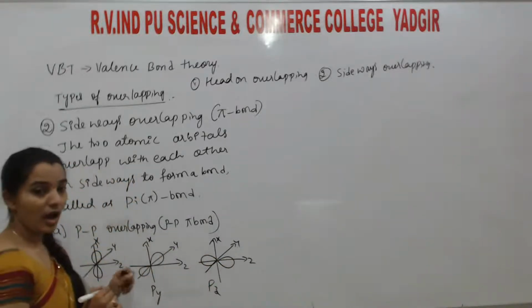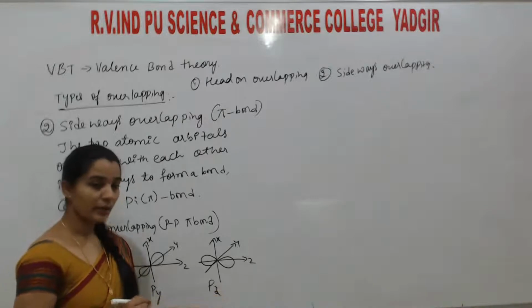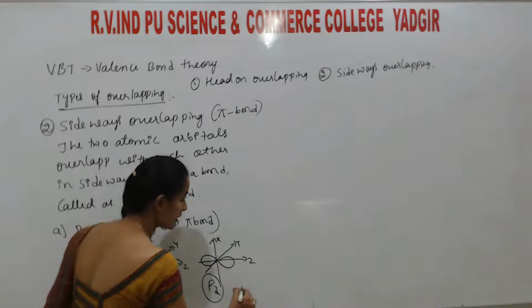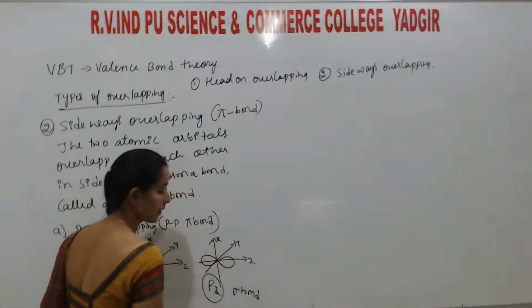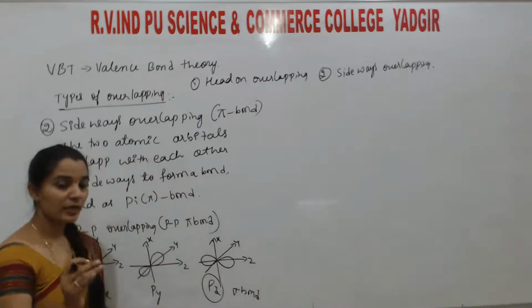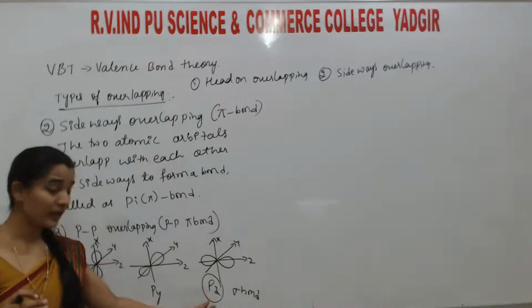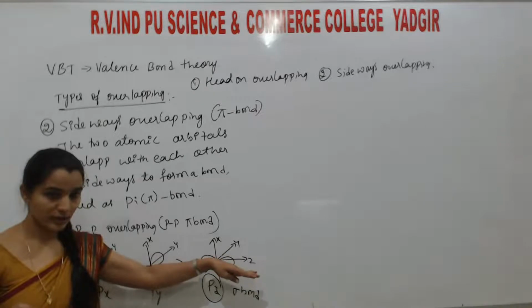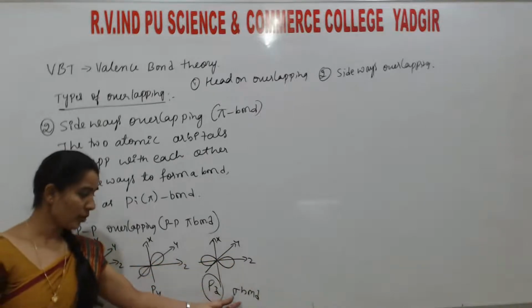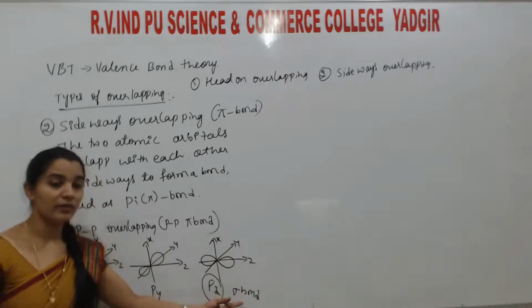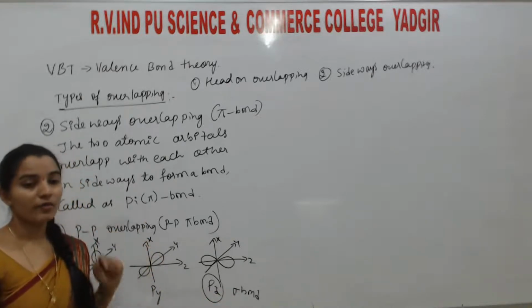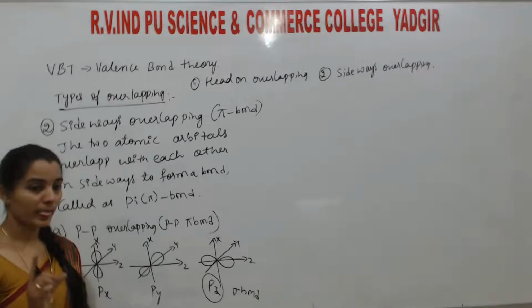Remember students, always the Pz orbital is considered as the main axis. It forms sigma bond. Remember, in Px, Py, Pz, the Pz axis is considered as the main axis, means horizontal axis. Overlapping of Pz orbitals always forms sigma bond, and only X and Y are involved in the formation of a pi bond. Are you getting?